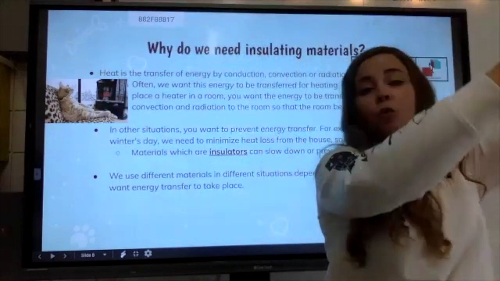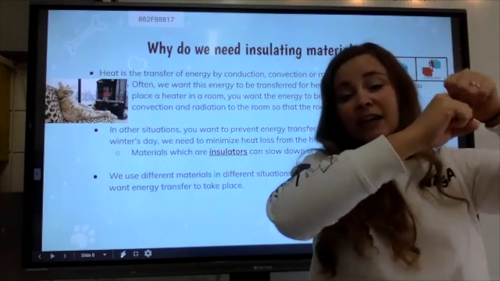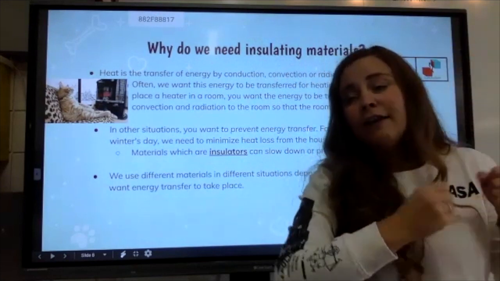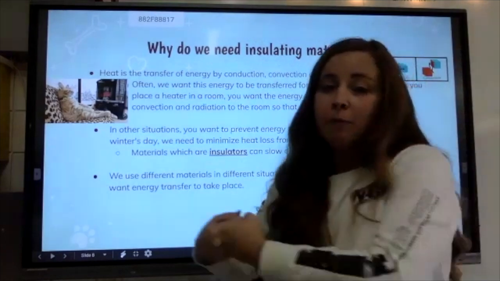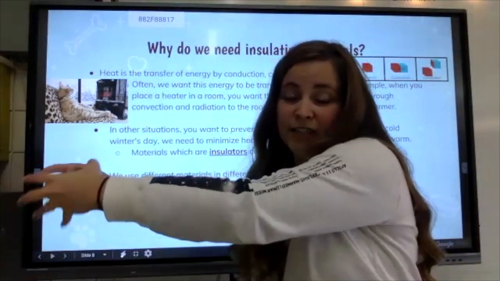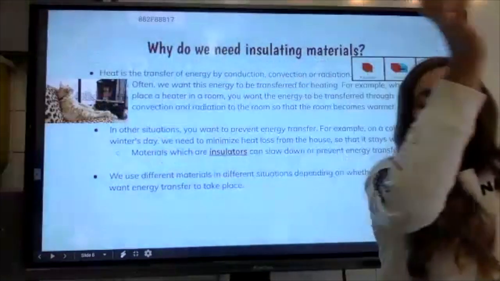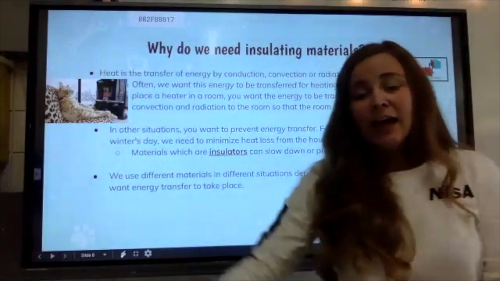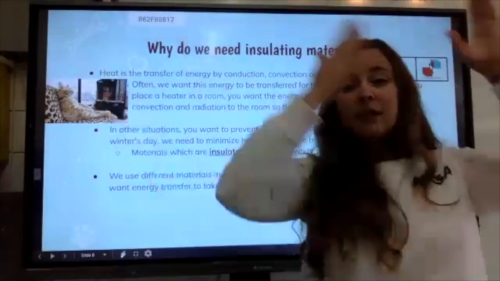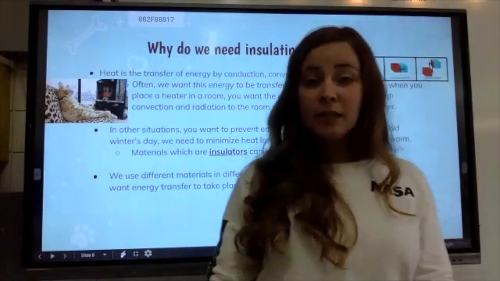And then as it moves away from the heat source, it's going to begin to get cooler, and it's going to condense and it's going to fall. And then that dense, cool air is going to move back towards the heater. It's going to heat up. It's going to spread out. It's going to expand. It's going to rise because it's now less dense. And as it moves away, it's going to condense again. And that cycle is going to continue until all of the air in the room is the same warm temperature.